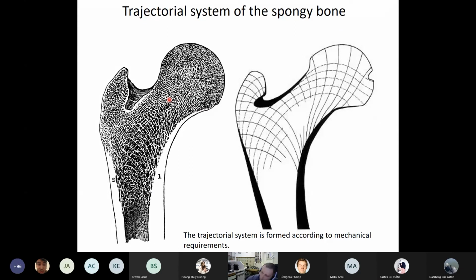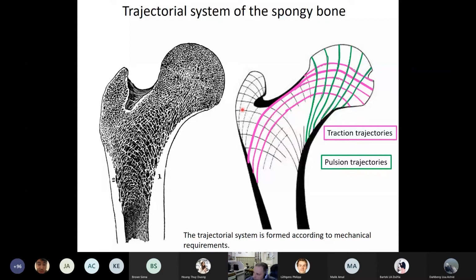But when you look closer, it turns out that this system of bony lamellae is not just randomly made up. They have a really smart and beautiful system, and one can define a more or less vertically running system of bony lamellae, which is called the so-called compression trajectories, because they withstand the compression. They will carry the weight of the body.